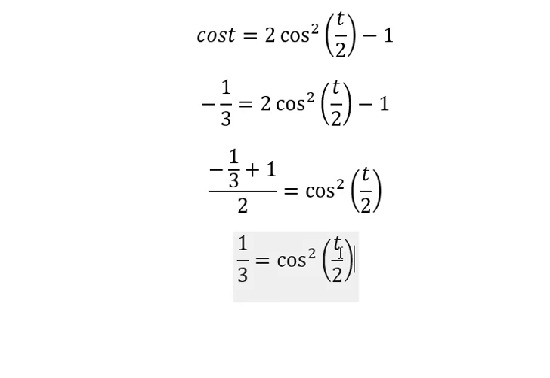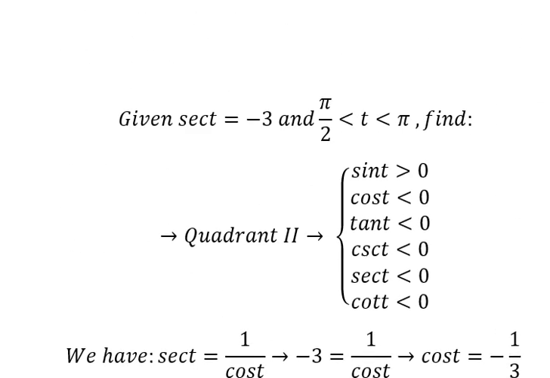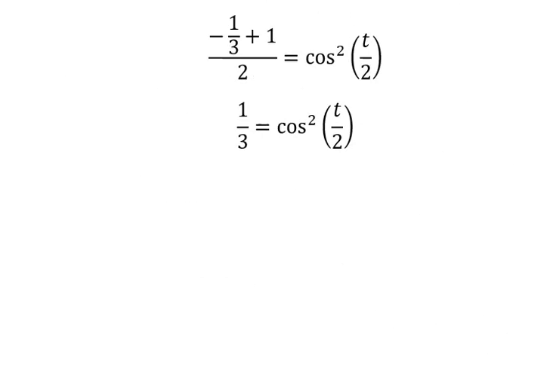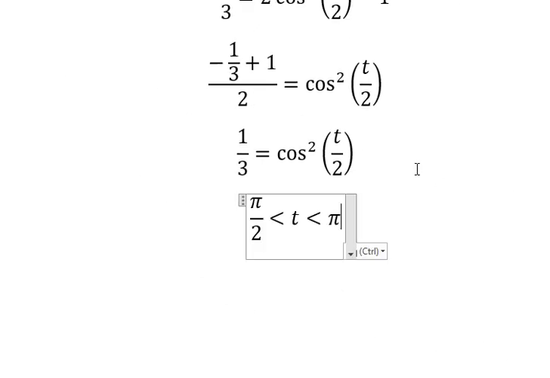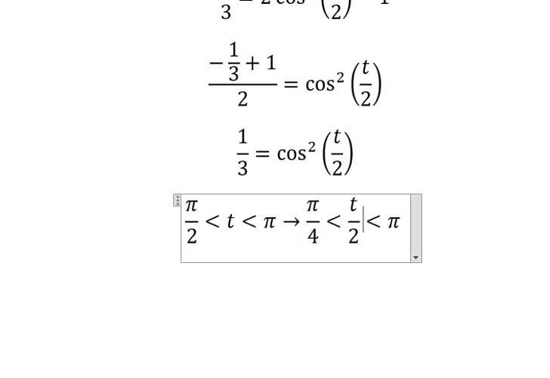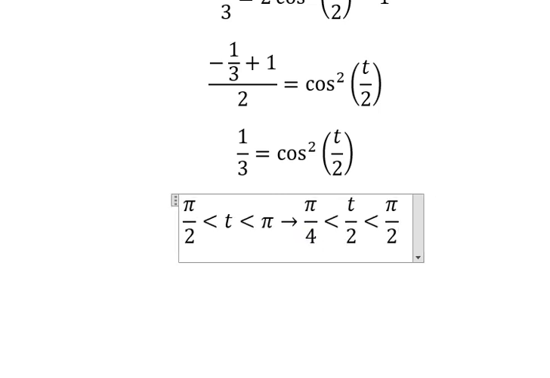Now we need to find what is the quadrant of t over 2. Now we go back in here. That is this one. So we can divide both sides by 2. And we look carefully at this one. This is between π over 4 and π over 2.